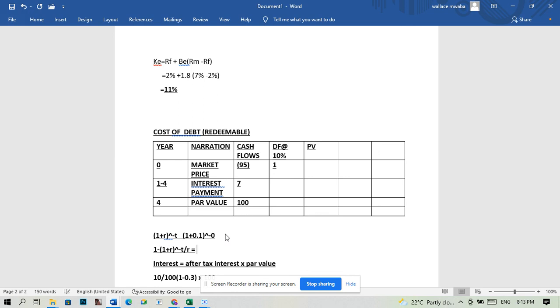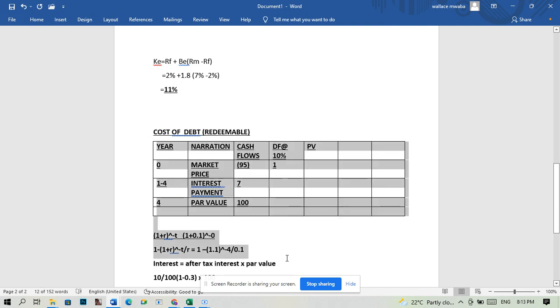So we're going to say 1 minus 1.1 to the power negative 4, divided by 0.1. So can we get our calculators and find that value?